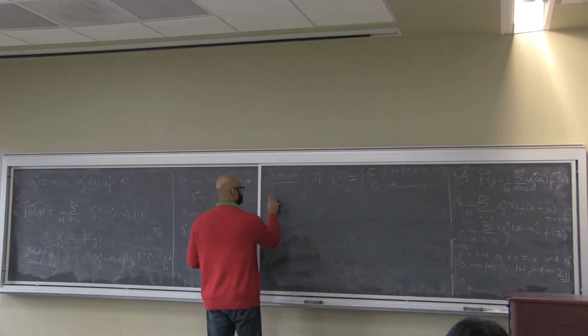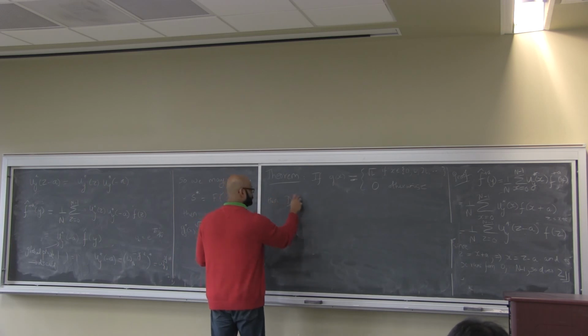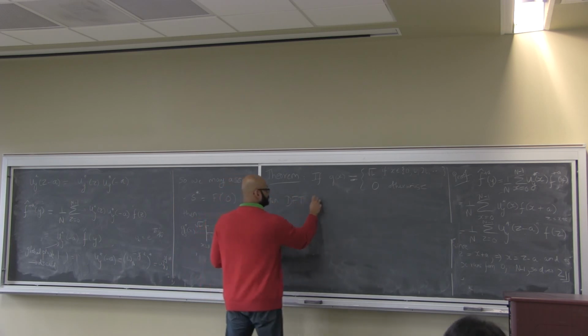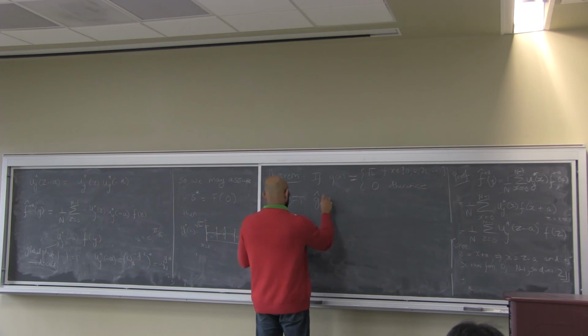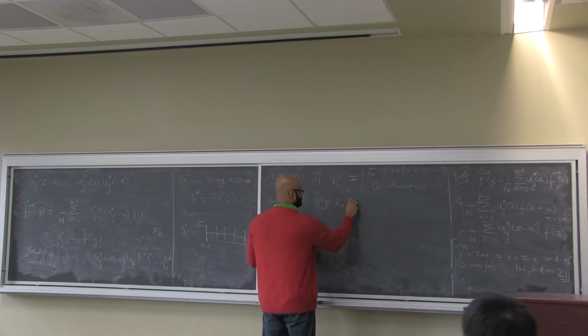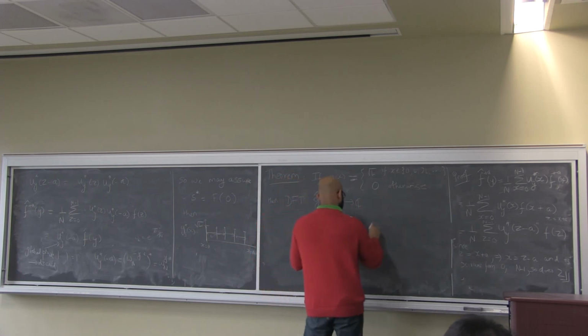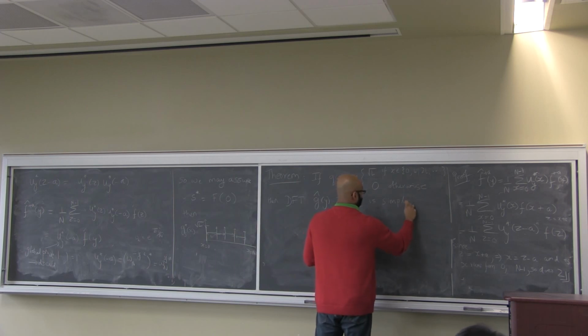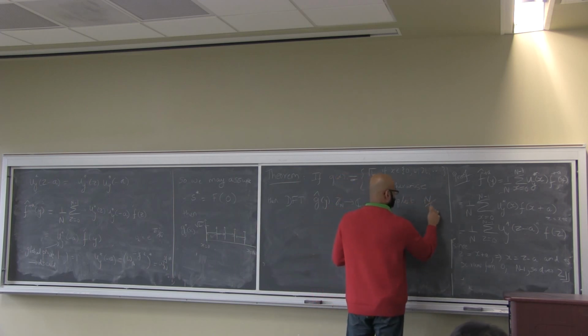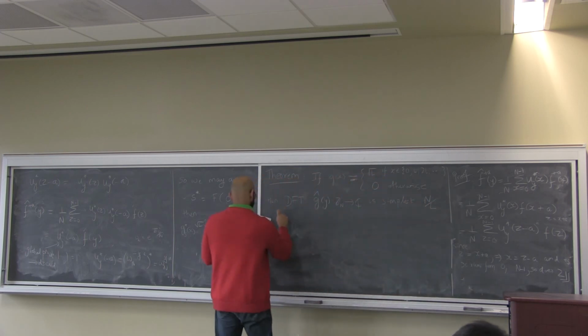Then the DFT, G tilde of y, again, which maps integers to the complex plane Zn, is simplest: n over L spike plane.